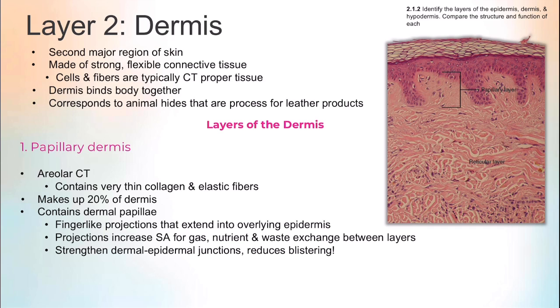When we look at the etymology of words, dermis is actually derived from a word that in origin corresponds to animal hides. So if you have a leather bag or a leather purse, that material that we have tanned and turned into a product is the dermis of that organism, so the dermis of that cow.